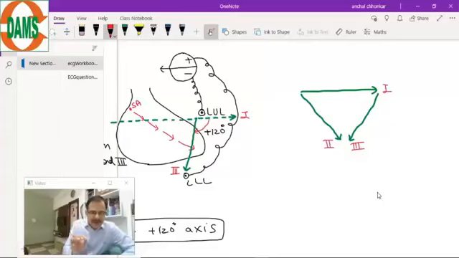Vector line tail is on the reference electrode, arrowhead is on the exploring electrode. That is the meaning of a vector line. And this triangle is known as Einthoven's triangle, named after the scientist who invented the ECG.